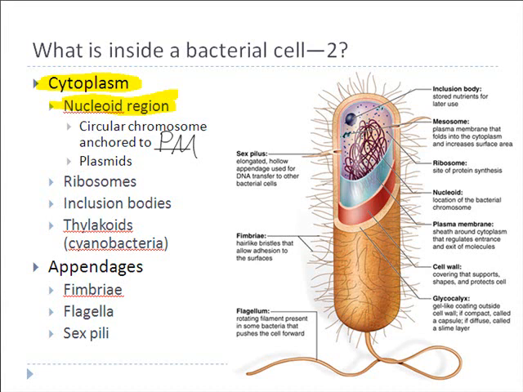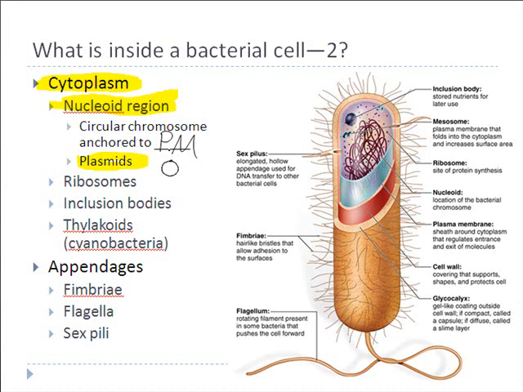It also turns out that bacteria have independent little circular fragments of DNA that are separate from the circular chromosome called plasmids. And these plasmids can give bacteria all sorts of abilities. Some bacteria have plasmids that make them resistant to penicillin.